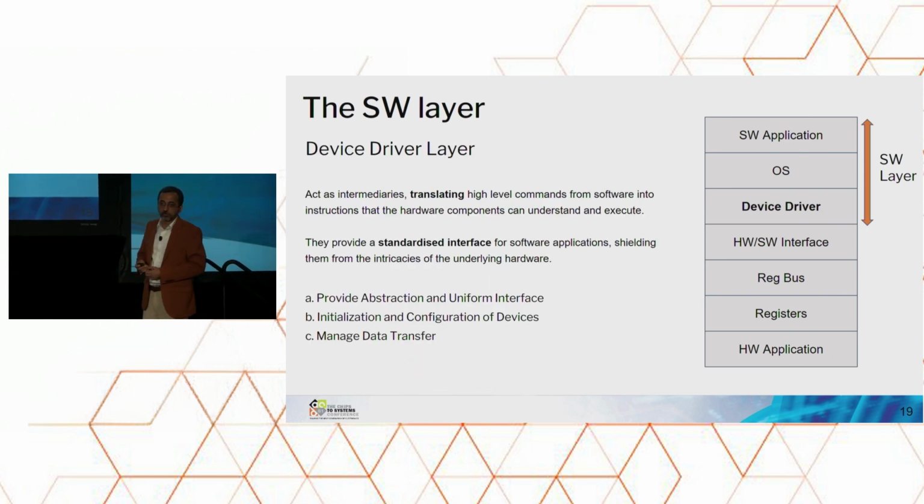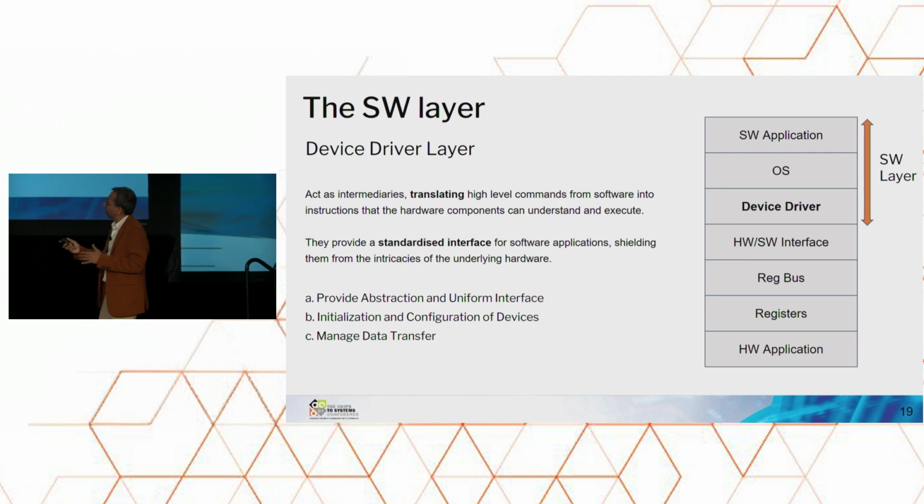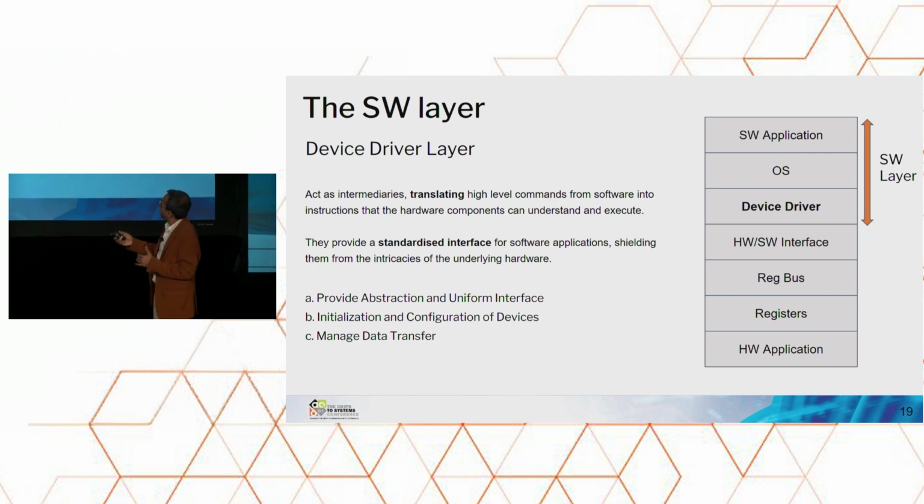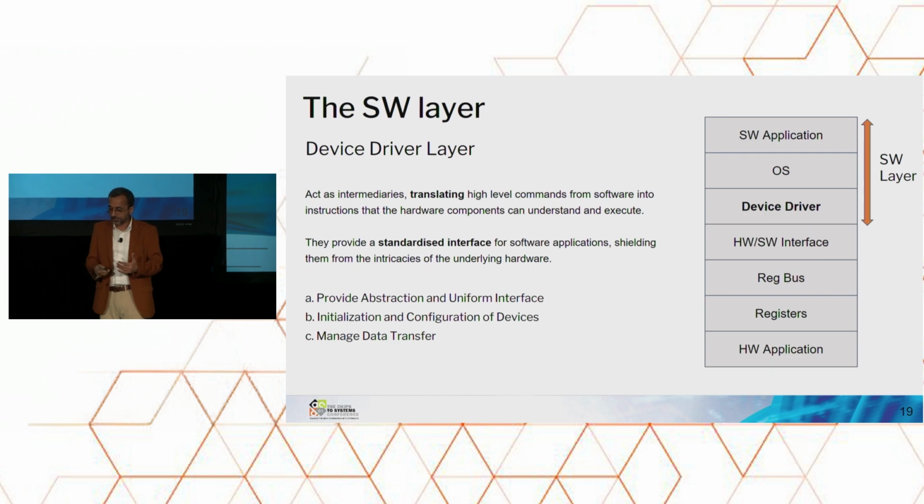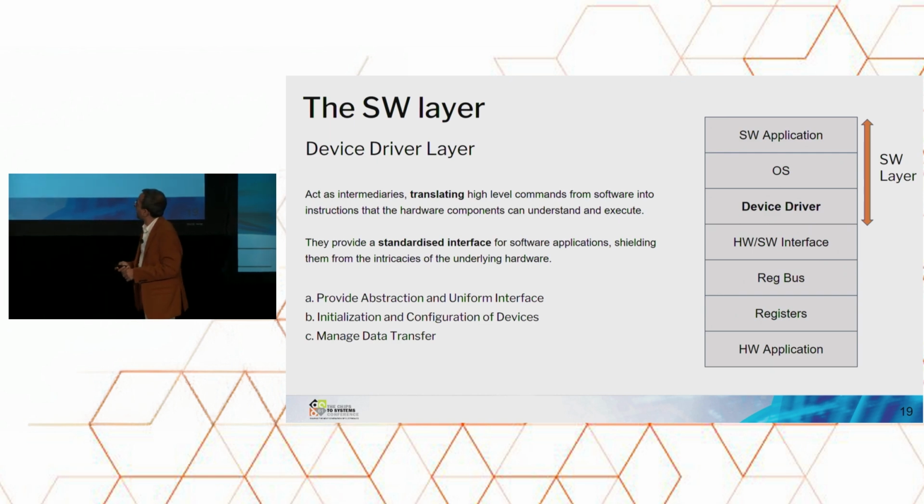So now the device drivers are how the software sees the hardware. It's the interface between the hardware and the software, basically a high-level view of the hardware that the software sees. So the device driver provides a standardized interface for software applications and really shields the software people from all the intricacies of the hardware.